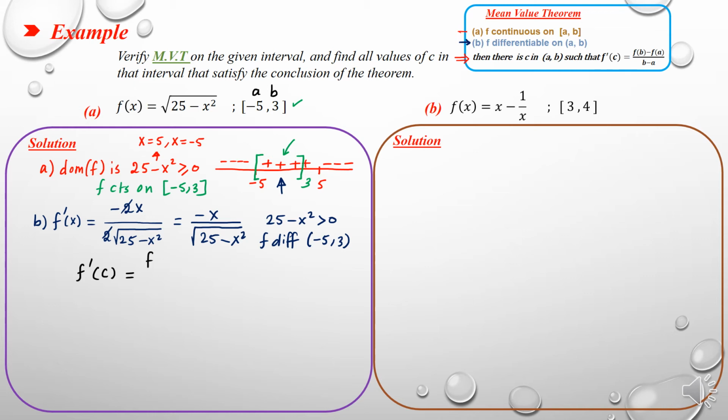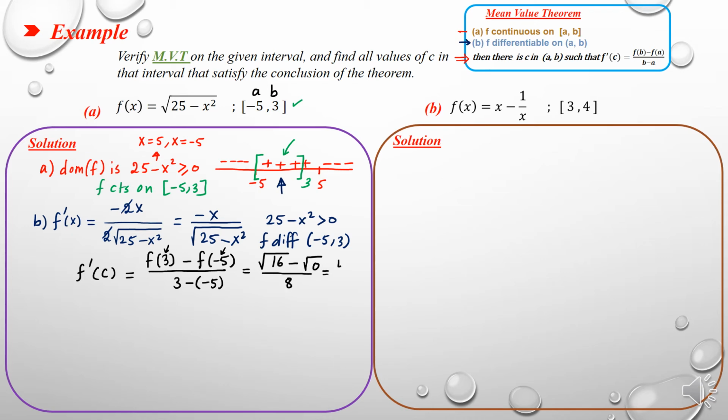So we have f of b, 3, minus f of a, -5, divided by b minus a, 3 minus -5. Now you have to replace 3 and -5 in the function f, and you will get square root of 25 minus 3 squared, which is 25 minus 9, gives us 16, minus square root of 25 minus (-5) squared, which is 0, divided by 3 minus -5, 8.